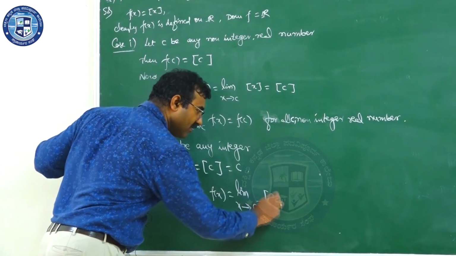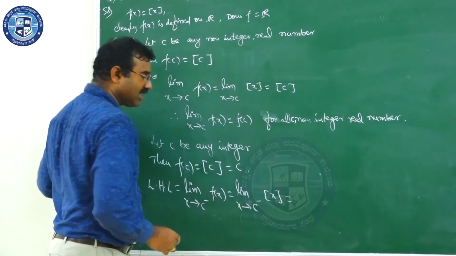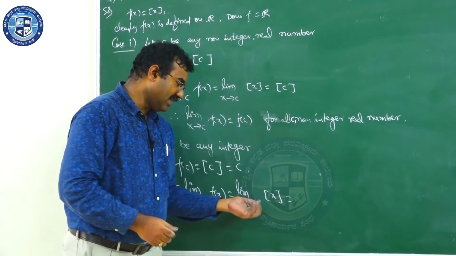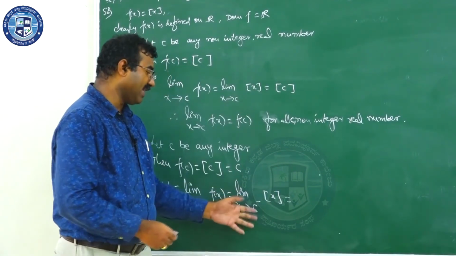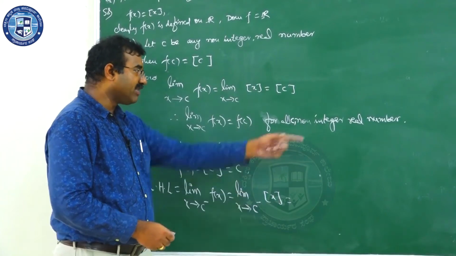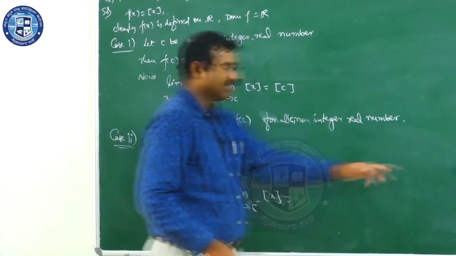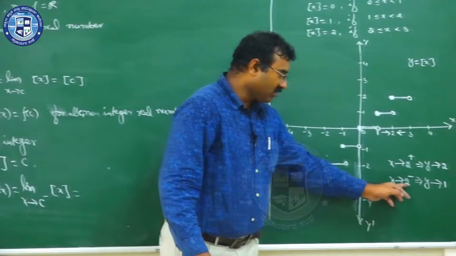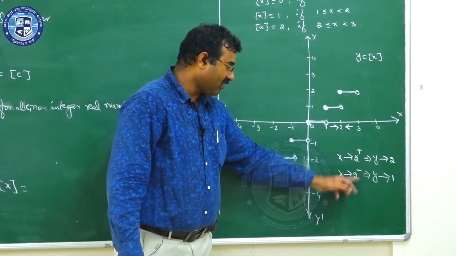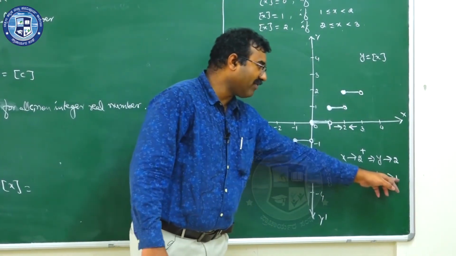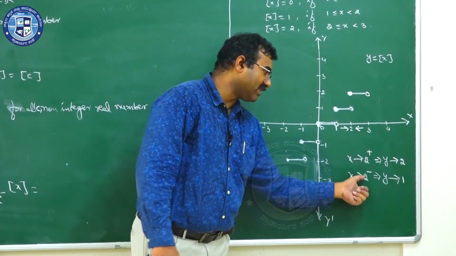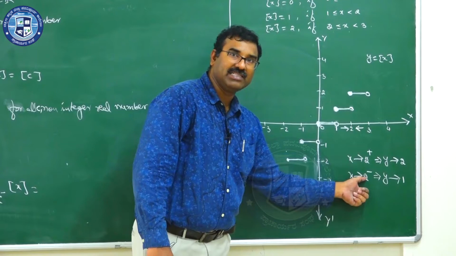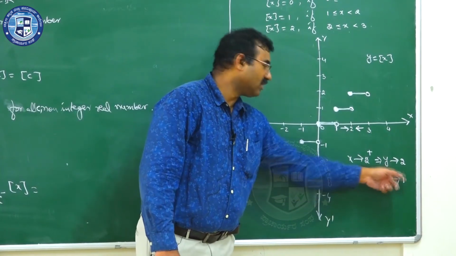[x]. Here c minus means less than the integer. No, it is less than c. Then what do you get? What can you expect? For example, you take the same 2 minus. When you are approaching 2 from the left, at that time you got the value 1. That means the same thing happens: you always get 1 less. When you are approaching an integer, y approaches c minus 1.